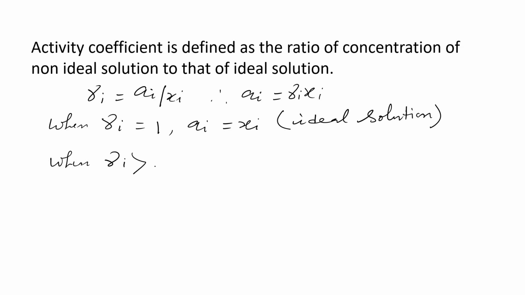Now, second case, when gamma i is greater than 1, then what happened? See from the equation, ai will be greater than xi.